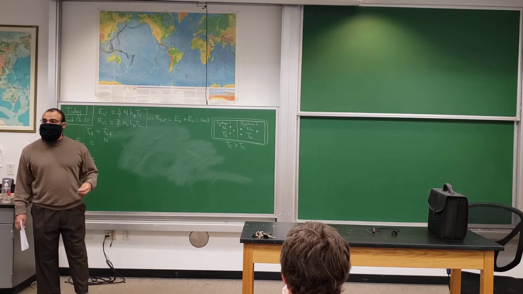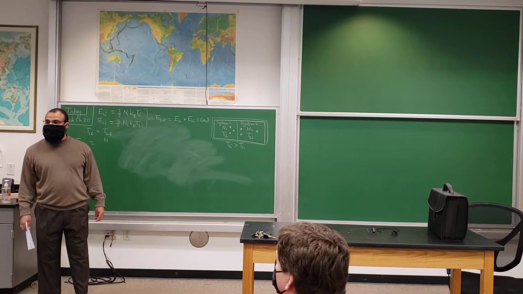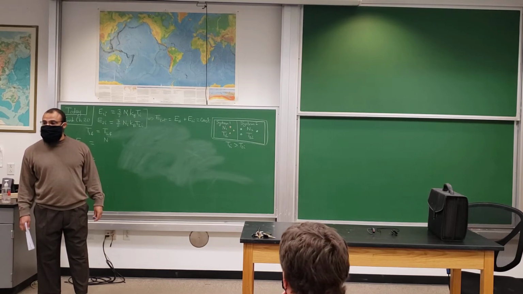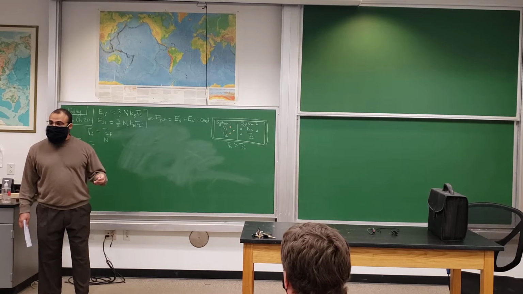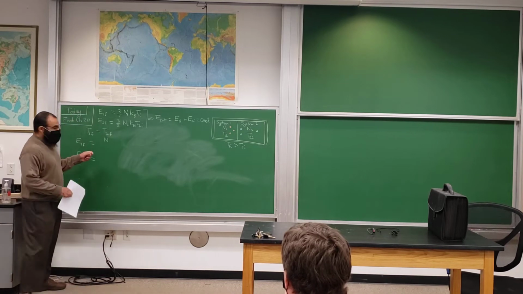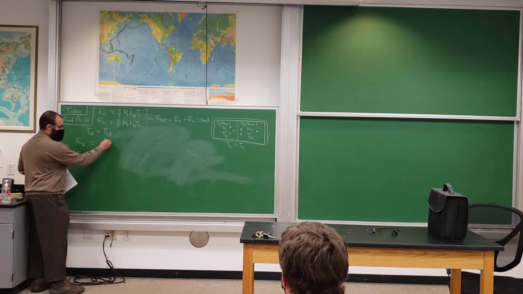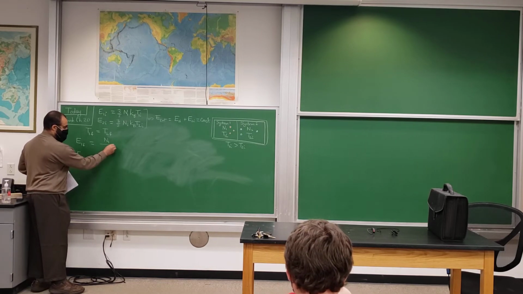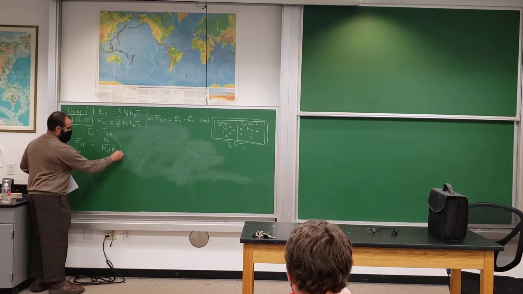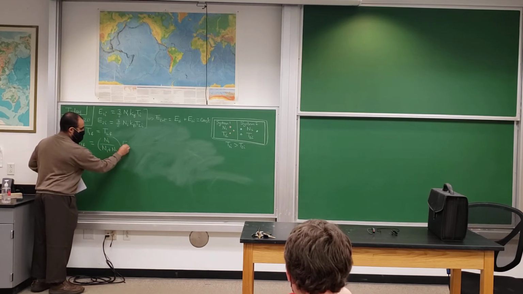So would your E1 final be like the sum of those two averaged? Let's see. In a way, yeah, it's some sort of an average. So it will look like this. The number of molecules in system 1 divided by the total number of molecules times E total.